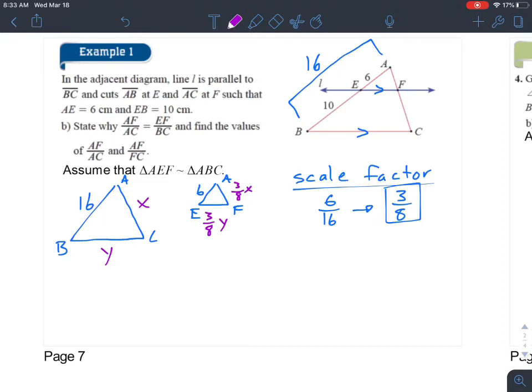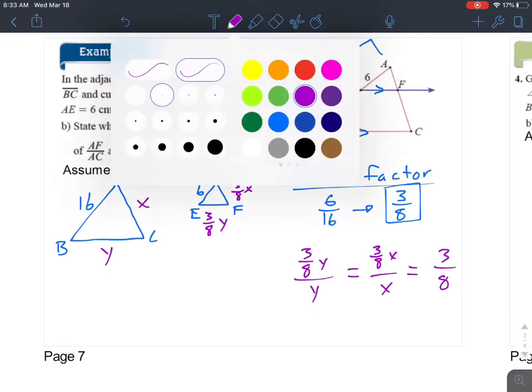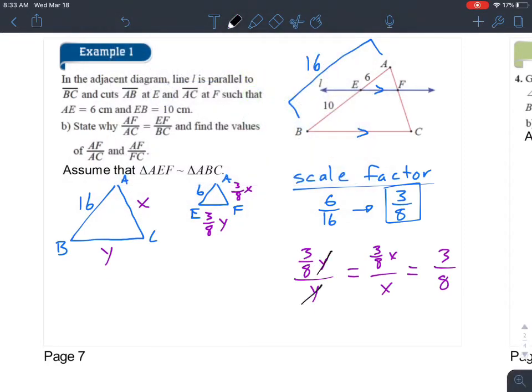With these triangles being similar then, with those corresponding sides, we can go ahead and put their ratios together. So we can do 3/8 y over y. And we want to see, is that equal to 3/8 x over x? And is that equal to 3/8?